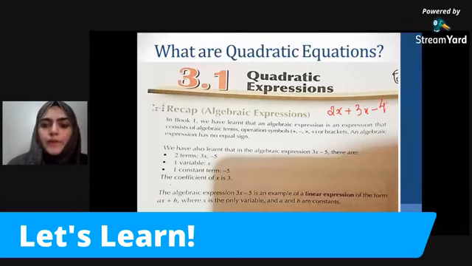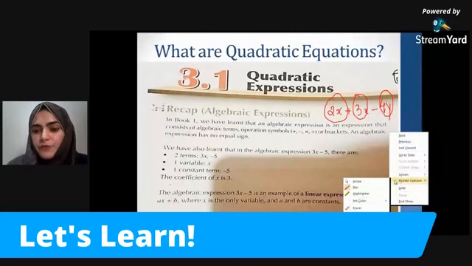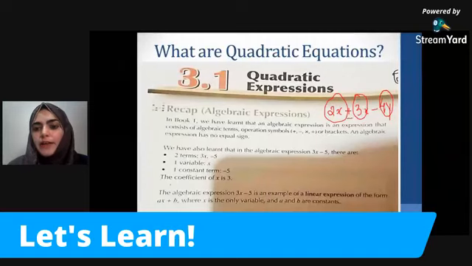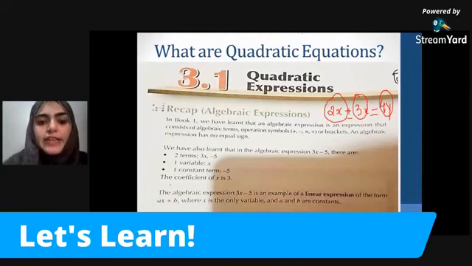Over here, 2x is the first term, 3x is the second term, and 4y is the third term. These three terms are connected to one another through different operations. We have a plus, we have a minus. This was one operation, this was the other operation. When we see something like that, we say that we have an algebraic expression.